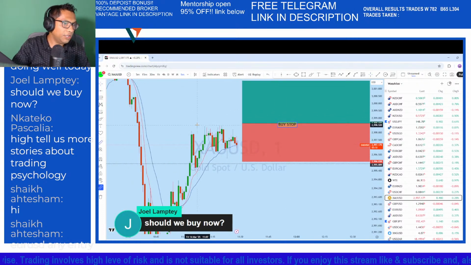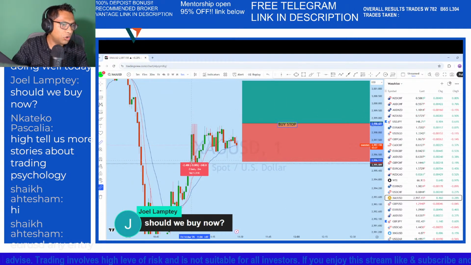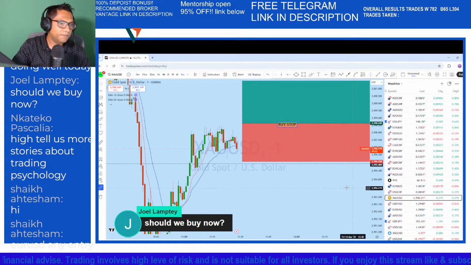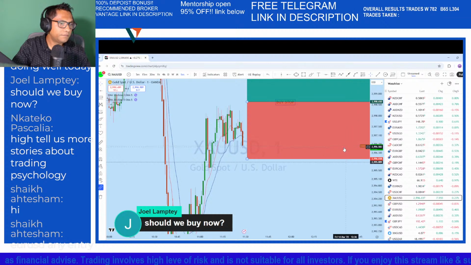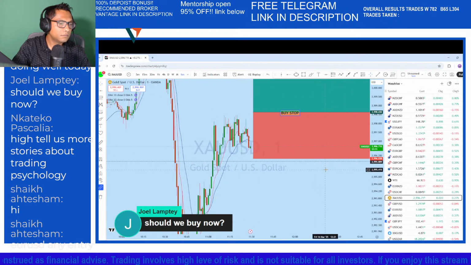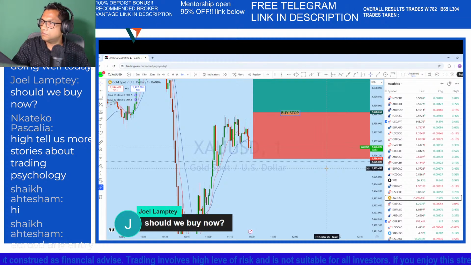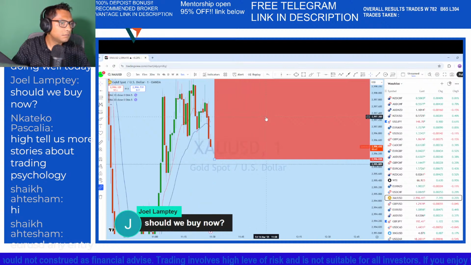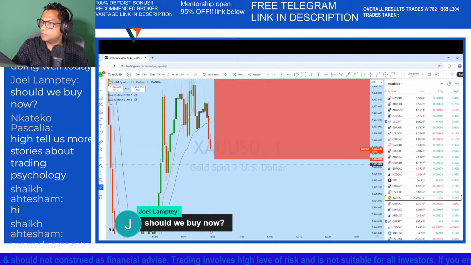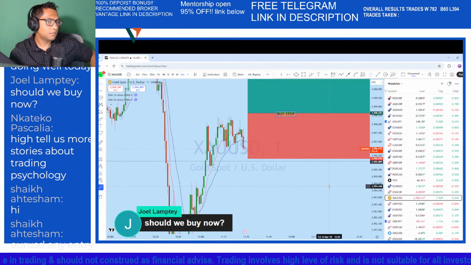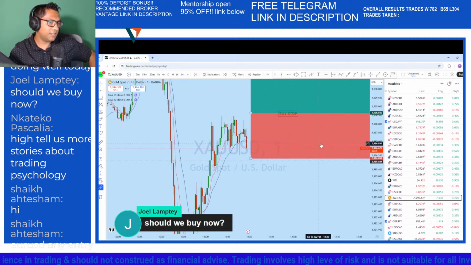So in this pending order, we have a very tight stop loss, only 26 pip stop loss here for this trade. If the market breaks that high, then we will be entering.